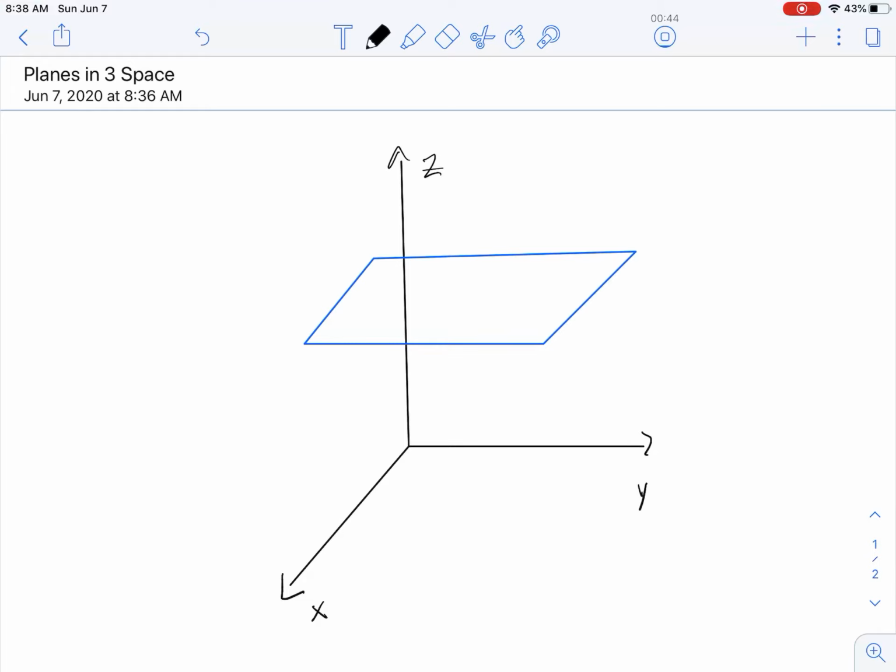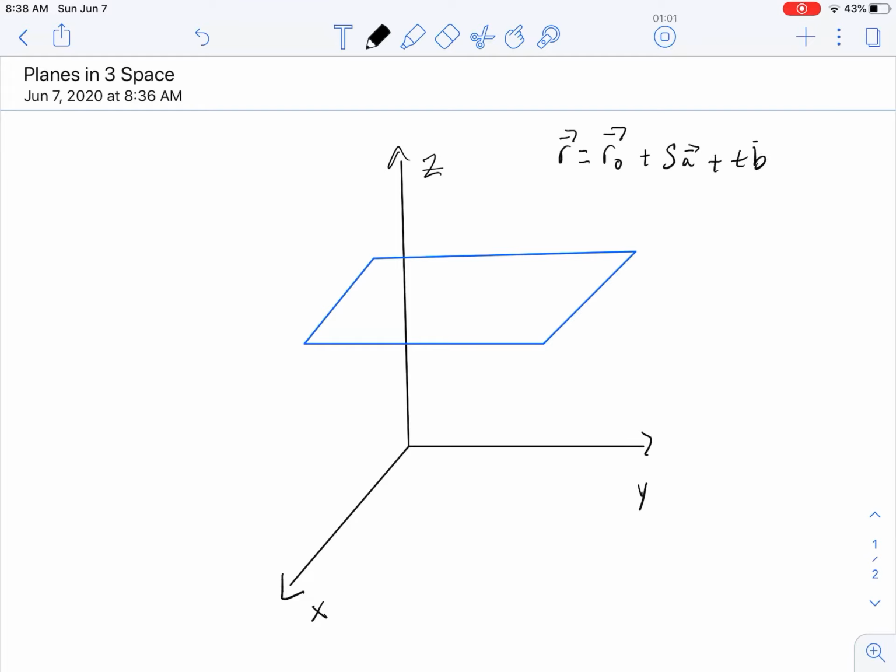And likewise with lines, planes can be written in equation form. So we're going to look at how to write the vector and parametric equations of a plane. It's very similar to a line. So let me write it out here.